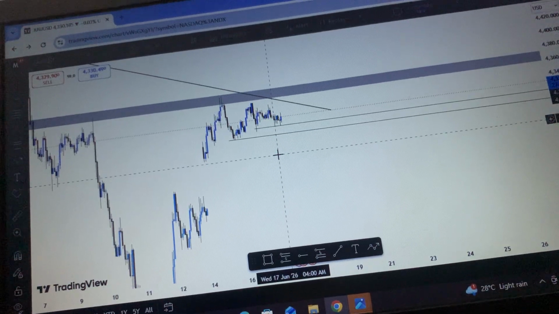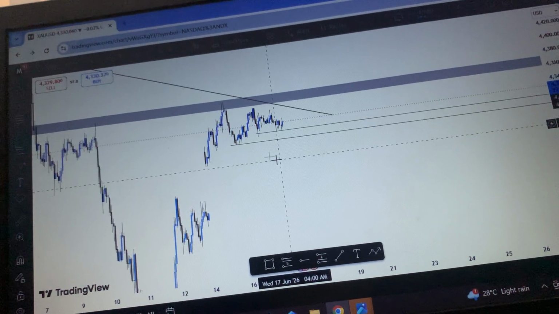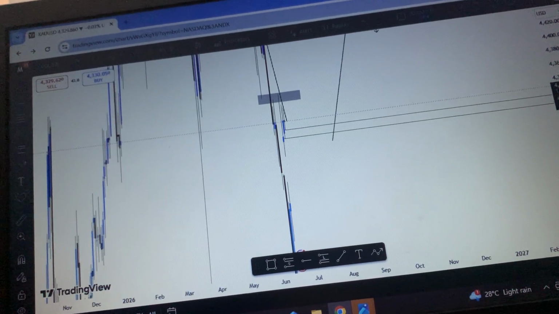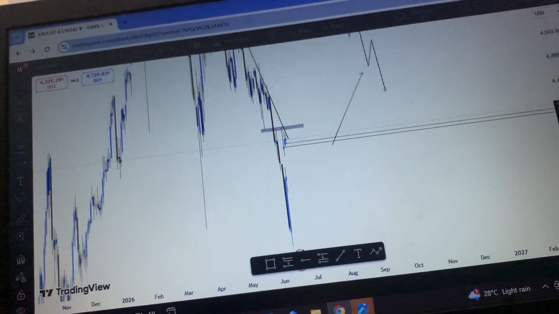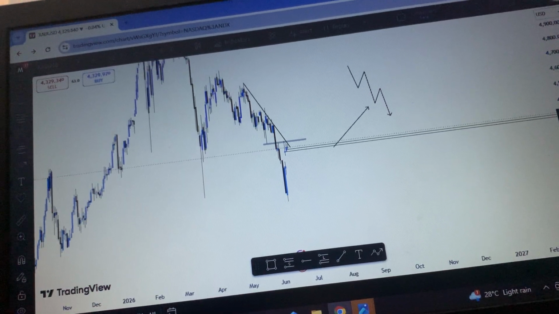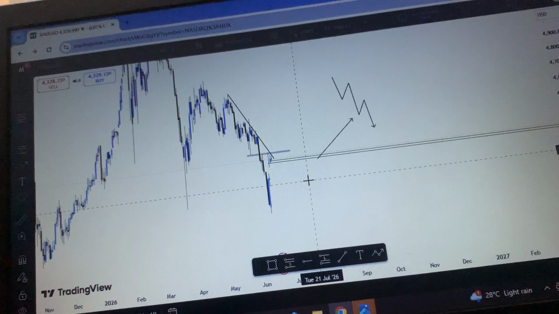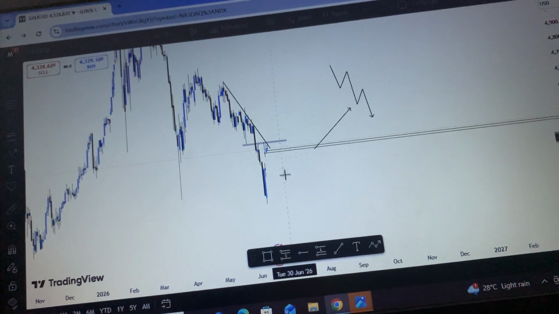Don't forget, on the daily time frame the market gives us a clear signal that this downtrend is about to happen.